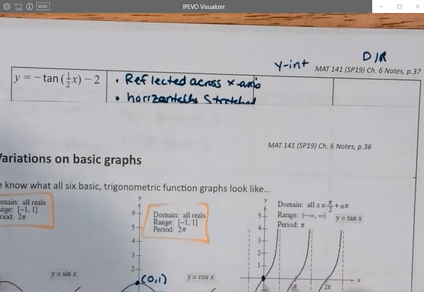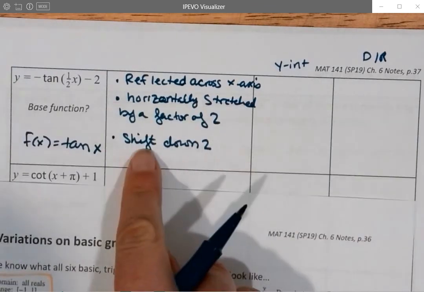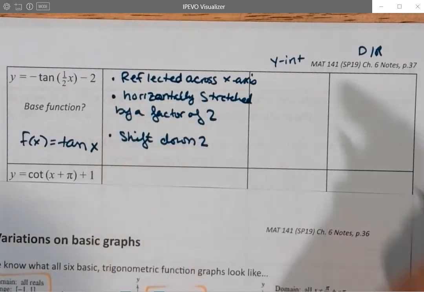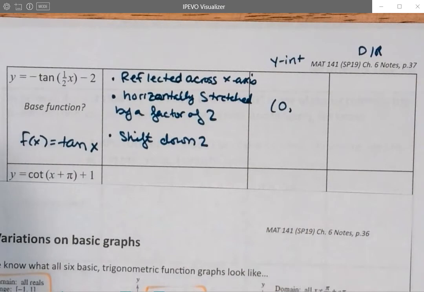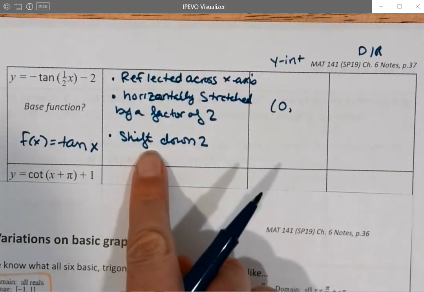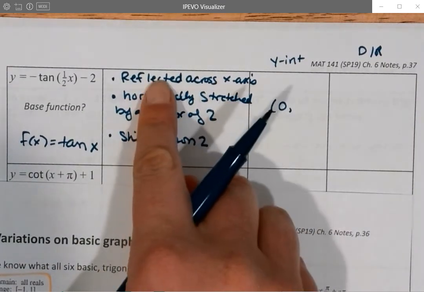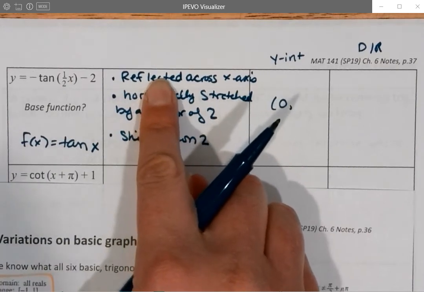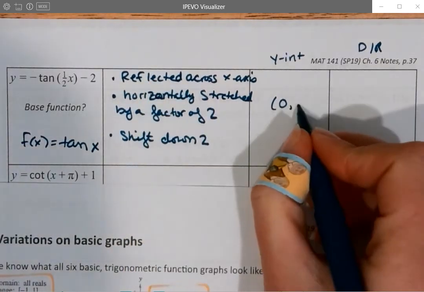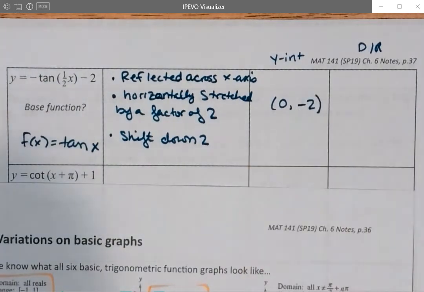And so we're going to be looking at moving that (0, 0). So first of all, the horizontal stretch doesn't do anything to it. It's going to keep it at 0, so that's good. And then we're going to both shift it down 2 and reflect it across the x-axis. The reflection doesn't do anything actually because 0 times -1 is still 0. But then we're going to pull it down 2, so it's going to be at -2.